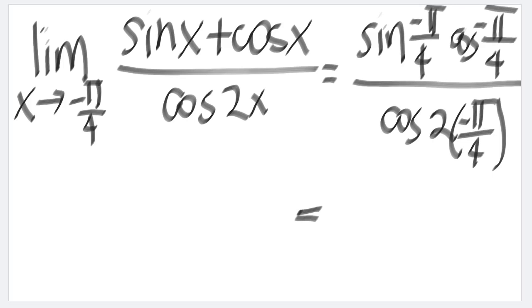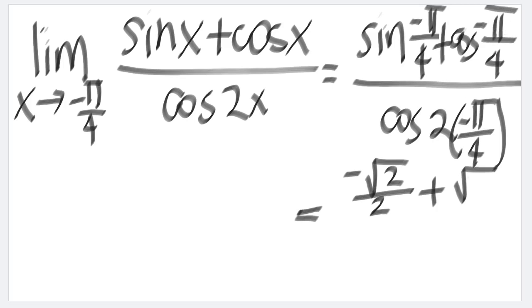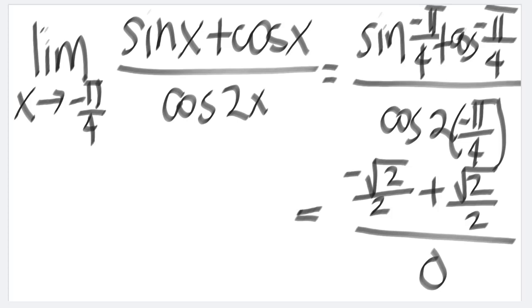Sine negative pi over 4 is negative square root of 2 over 2, plus cosine negative pi over 4 is positive square root of 2 over 2, or 0.71. Oh yes, this is plus. Cosine 2 times negative pi over 4, or cosine negative pi over 2, is 0. So this is now equal to 0 over 0, which is indeterminate.